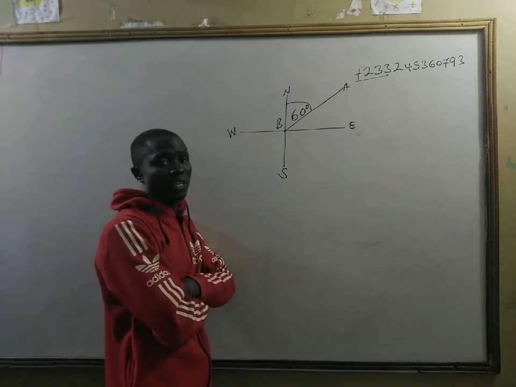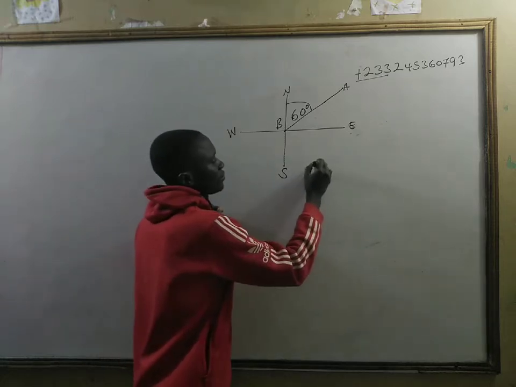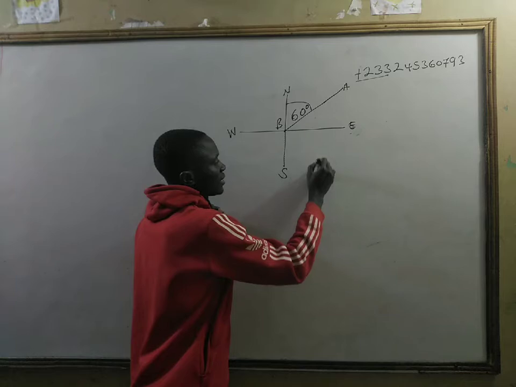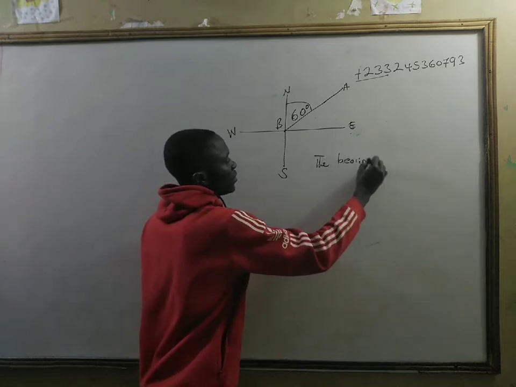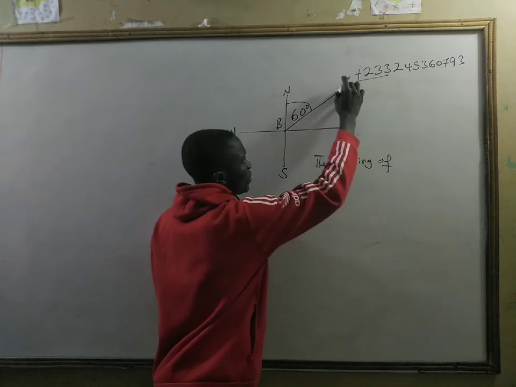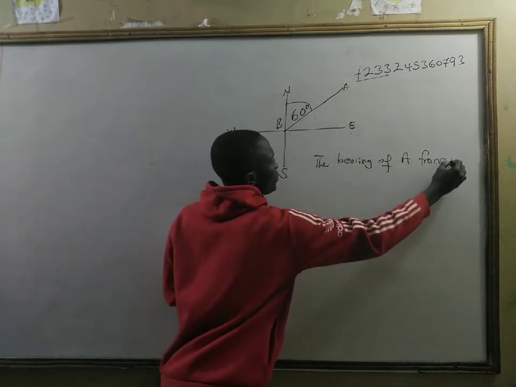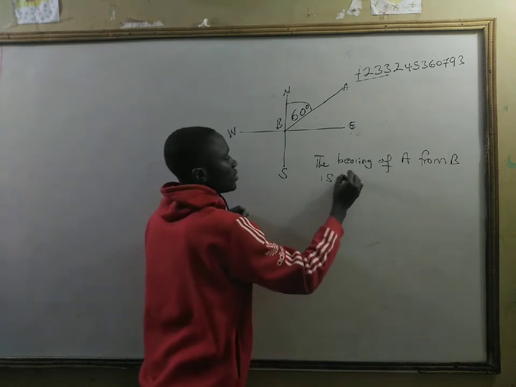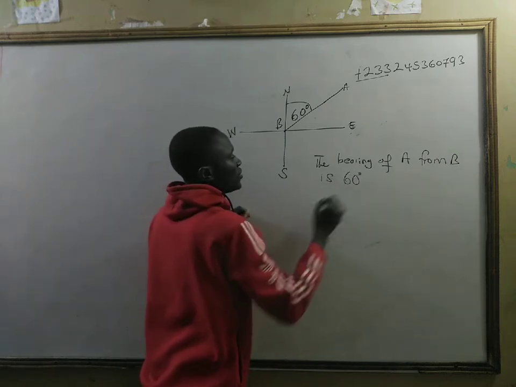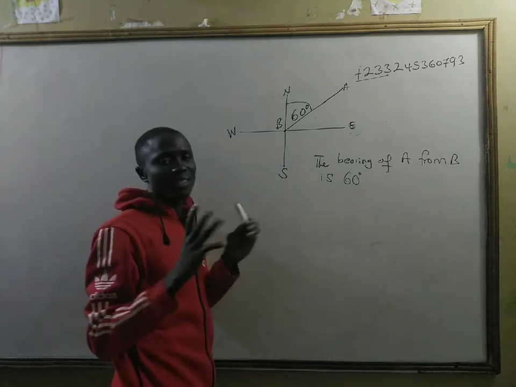Now, I'm using the three-figure bearing first. This simply means that the bearing of A from B is 60 degrees.